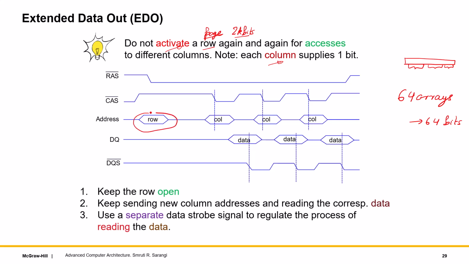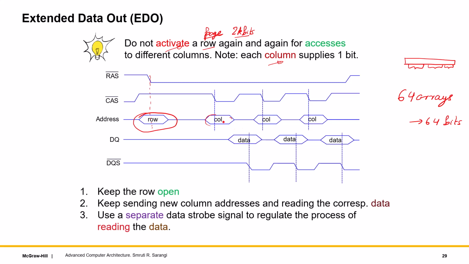We open the row, meaning activating the row, which basically means enabling the word line transistors and ensuring that the sense amplifiers are properly in sync with the DRAM cells. So the DRAM cells are weak, but the sense amplifiers are strong. Here again, we use the row address strobe to send the row and the column address strobe to send a column.